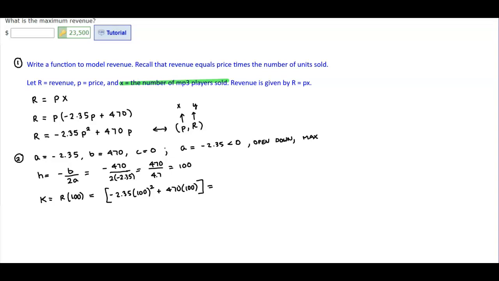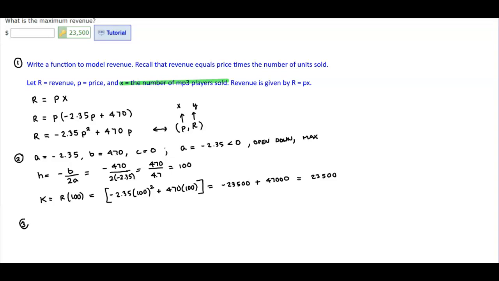If we square 100 and multiply by negative 2.35, we get negative 23,500. And 470 times 100 is 47,000. If we add 47,000 to negative 23,500, we get 23,500.